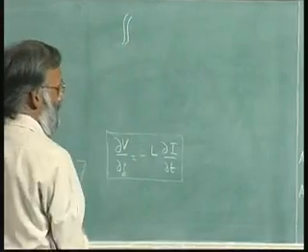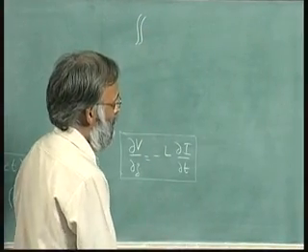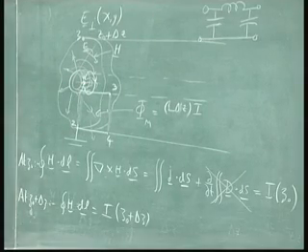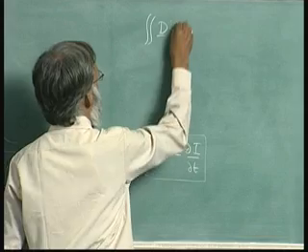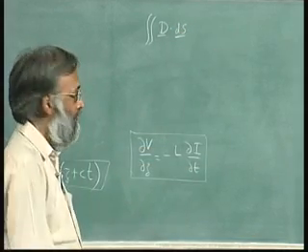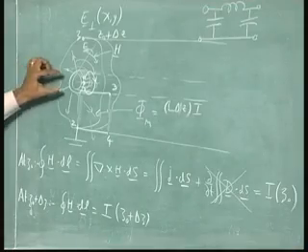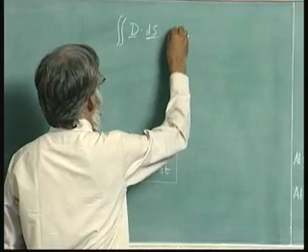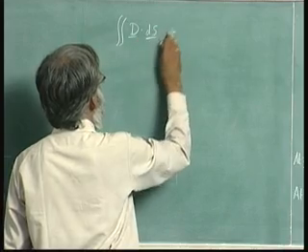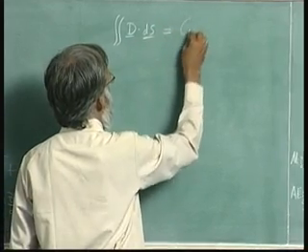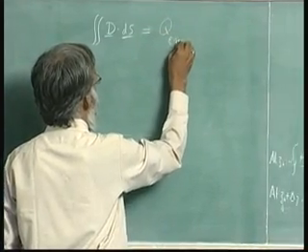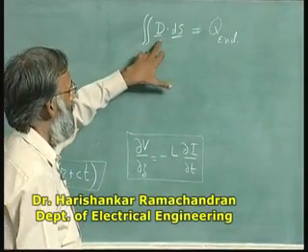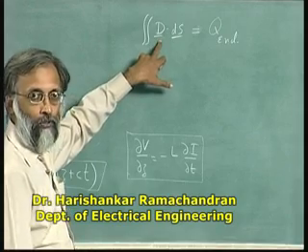The surface integral of d dot ds, the displacement vector, now this surface is just outside the conductor, so there is no j. So this d dot ds is directly equal to charge enclosed. That is clear, because divergence d is equal to rho.